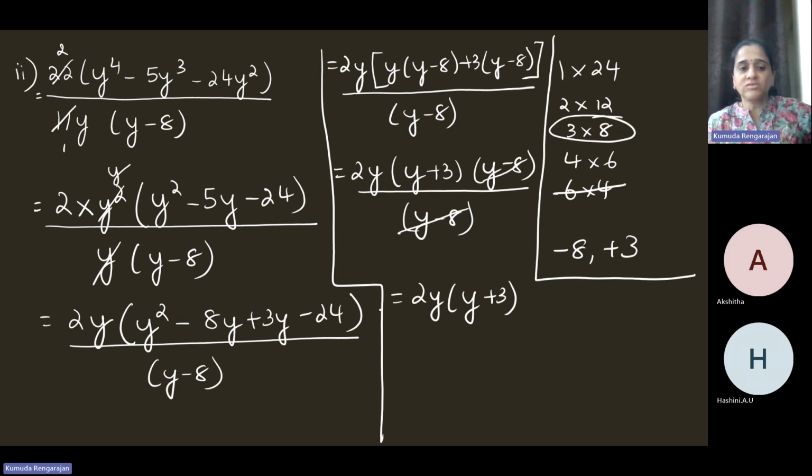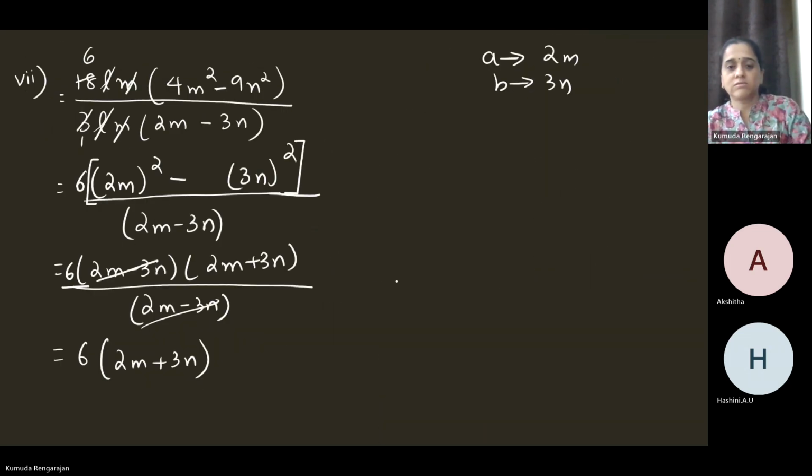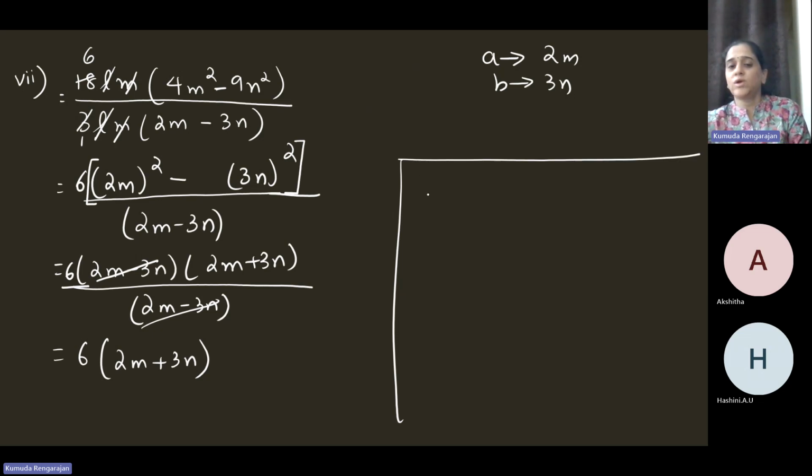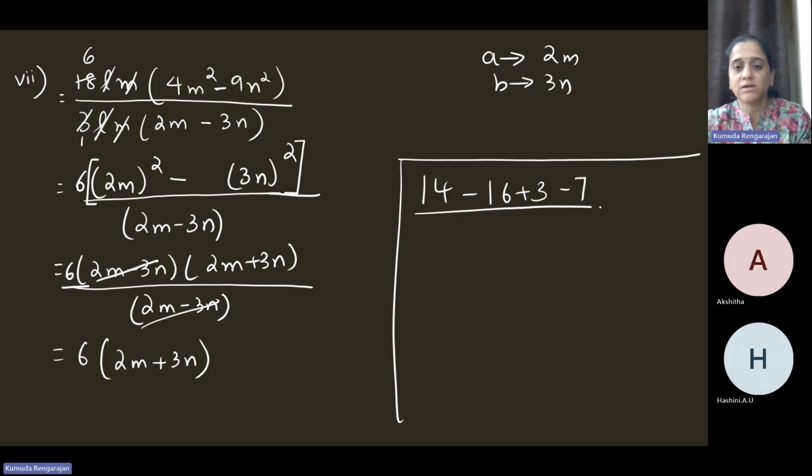Now just ask yourself this question. Let me do another slide, 1 minute. See, now tell me, if you have 14 minus 16 plus 3 minus 7 by 21 plus 8 minus 15, how will you do this?